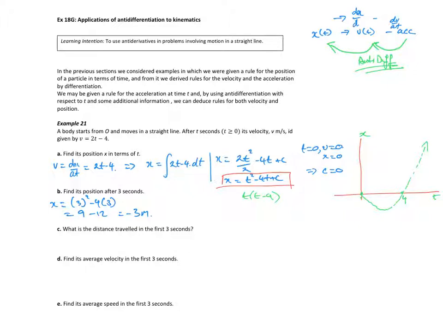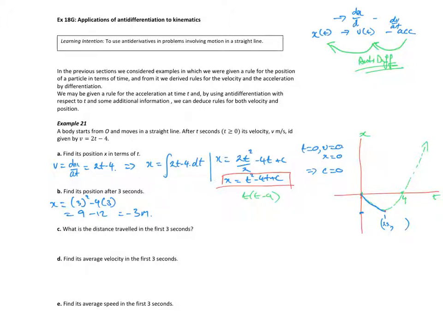As a graph, it simply means that we were heading away from the origin to the left for the first, what, 2 seconds, isn't it? Because it's a parabola, so it's symmetrical. Then after 2 seconds, the gradient is 0, which means my velocity is 0. We stop and turn around, and we head back in a positive direction.